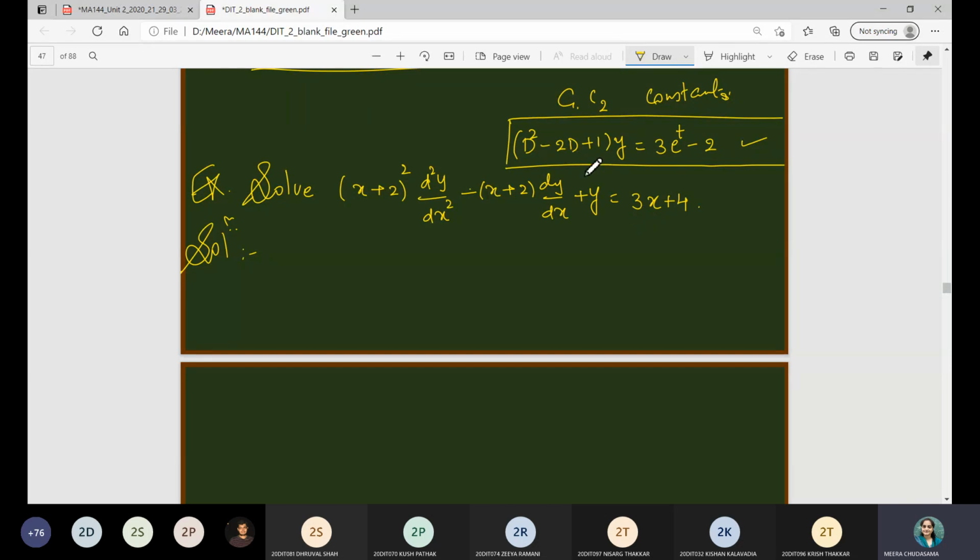So now you know the nature of the roots, it will be repeated in nature. So while writing the complementary function, you have to multiply that quantity with t. Yes, t.